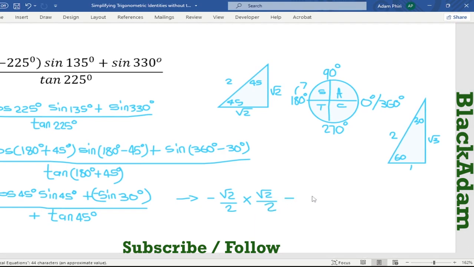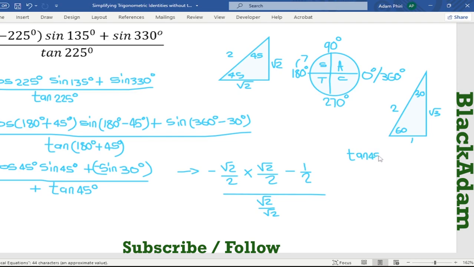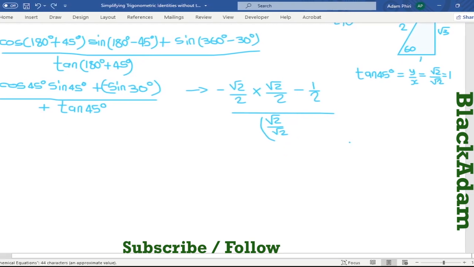So that's minus sin 30 degrees, opposite over hypotenuse, 1 over 2. Tan 45 degrees is going to be y over x, so y is root 2 and x is root 2, so tan 45 degrees is 1.